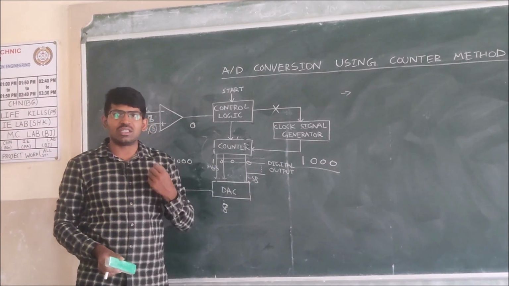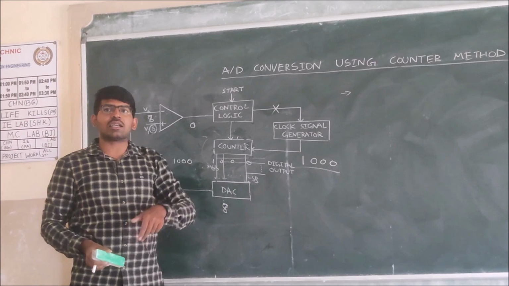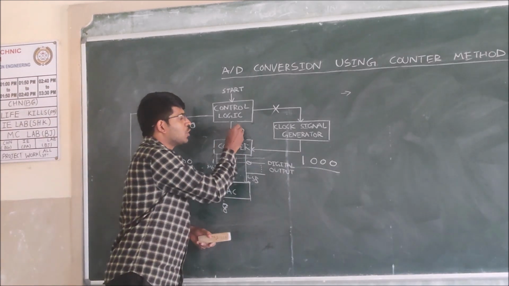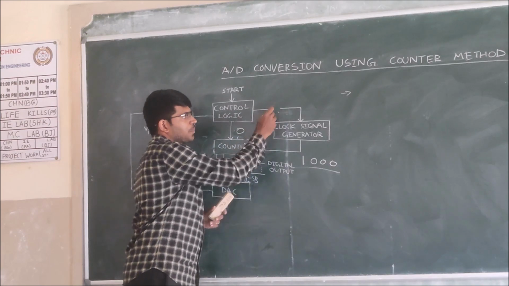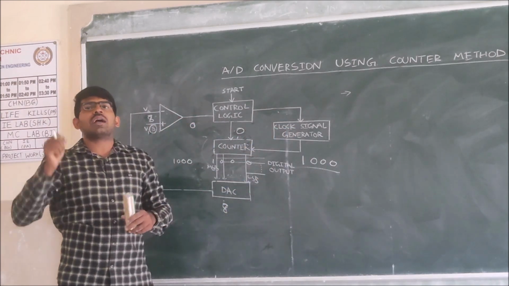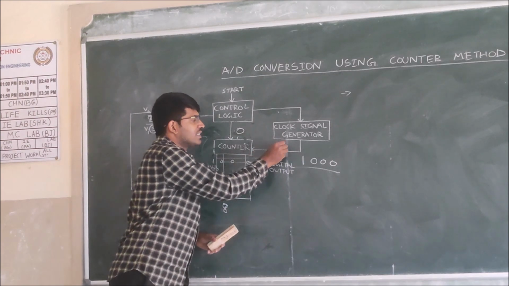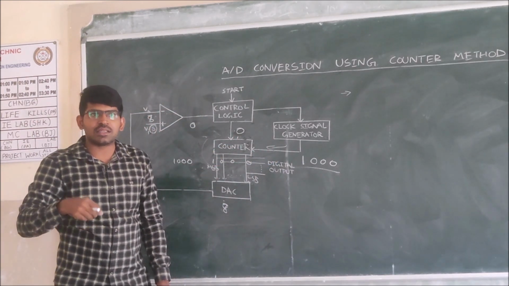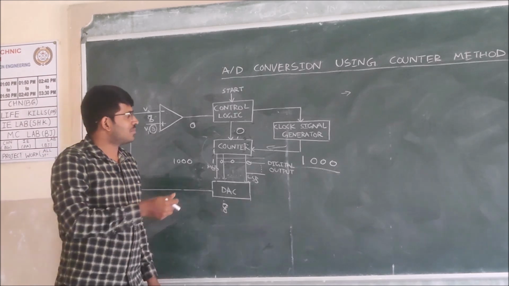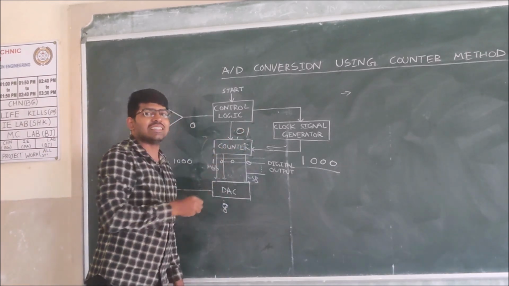We should not use the word disable. It resets the counter, then the counter value will be 0, and it enables the clock signal generator. When it enables the clock signal generator, it sends one pulse. Each time the clock signal generator sends a pulse, the counter value increases.